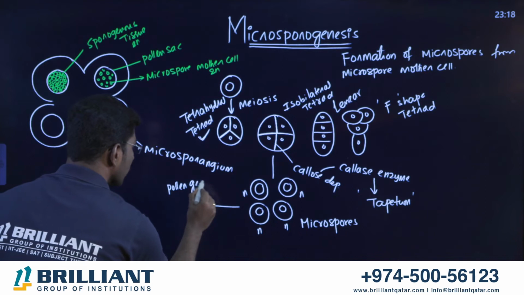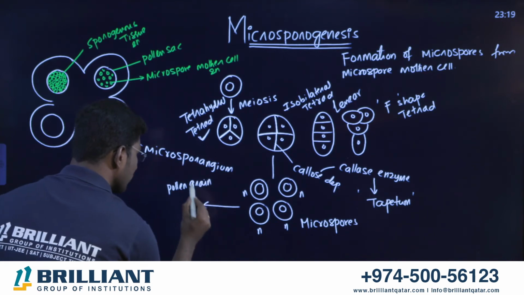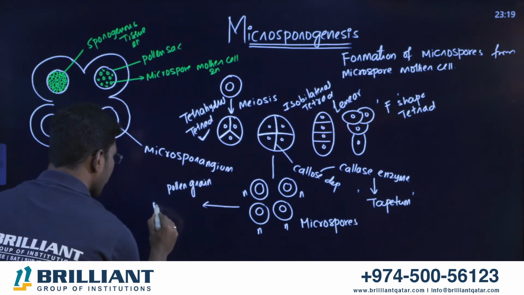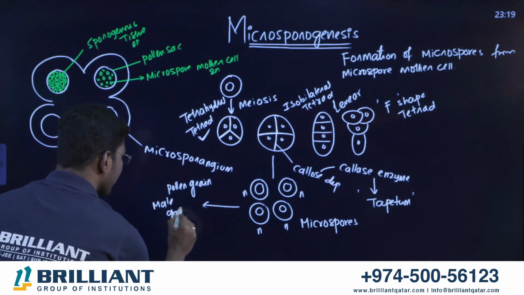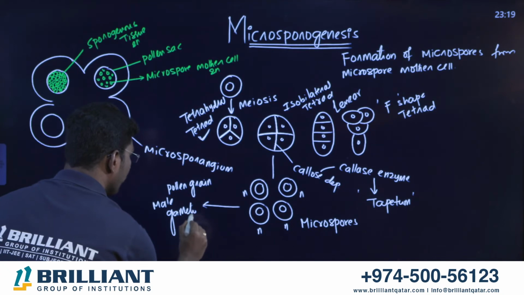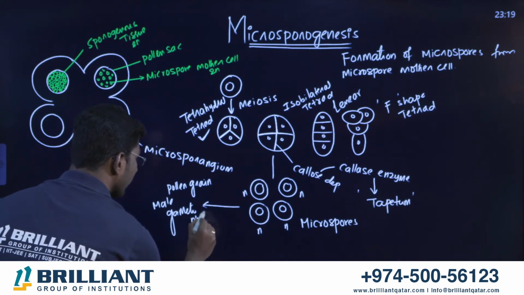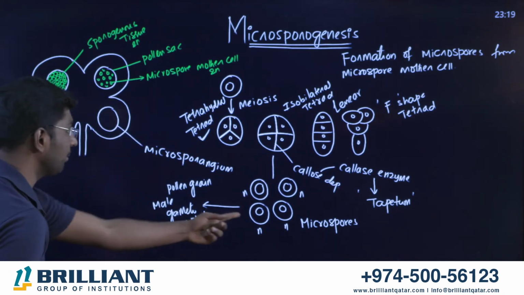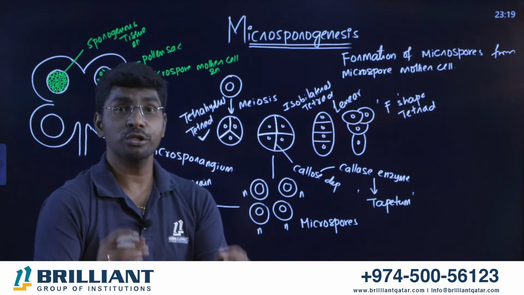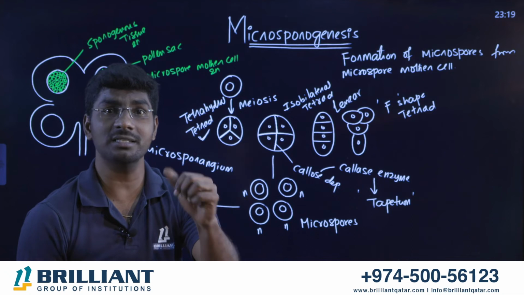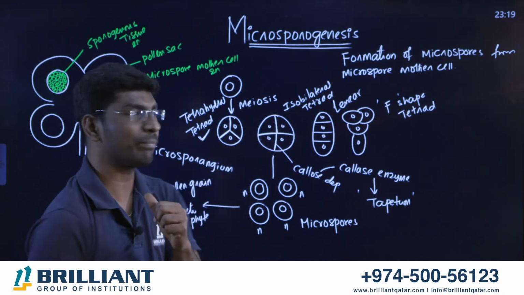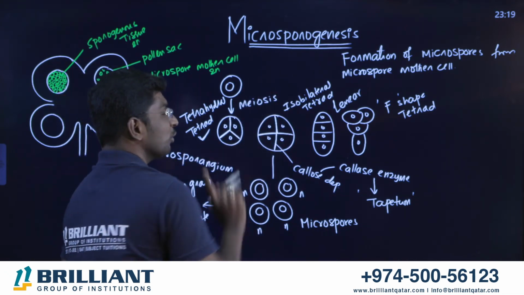This pollen grain is also known as the male gametophyte. I hope you get my point. They will become the male gametophyte. So the formation of microspores from the microspore mother cell in the microsporangium is called microsporogenesis.